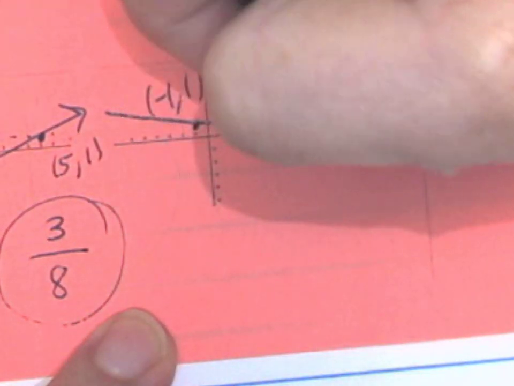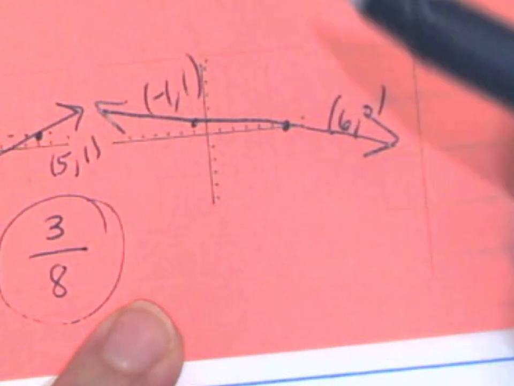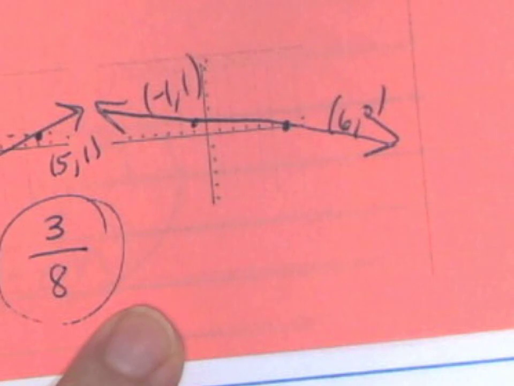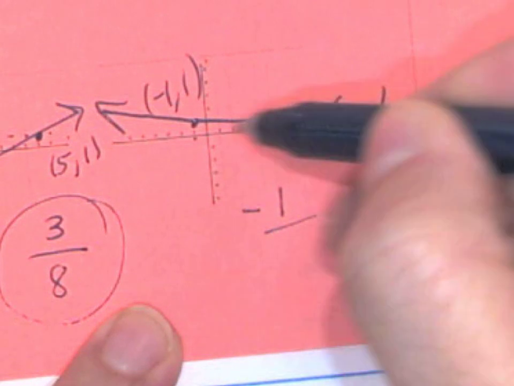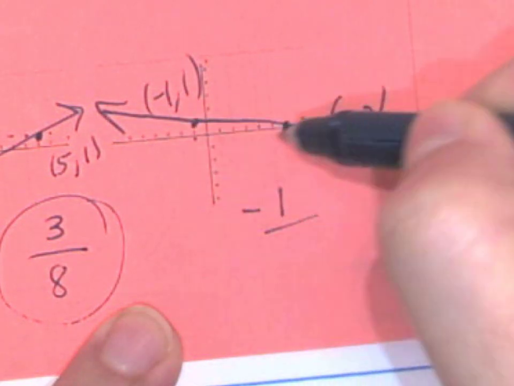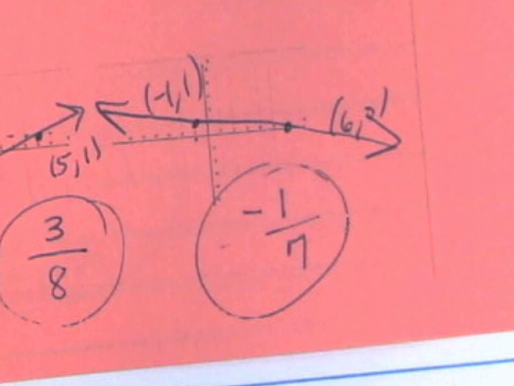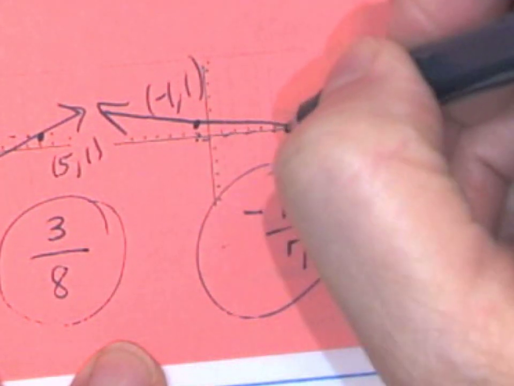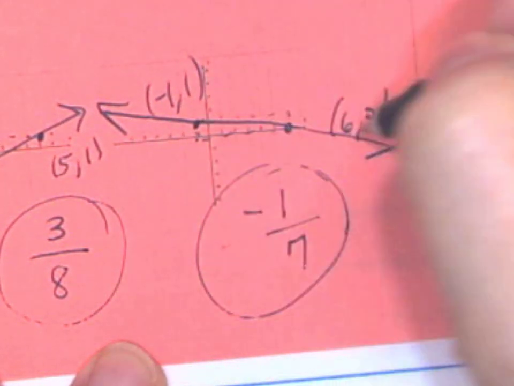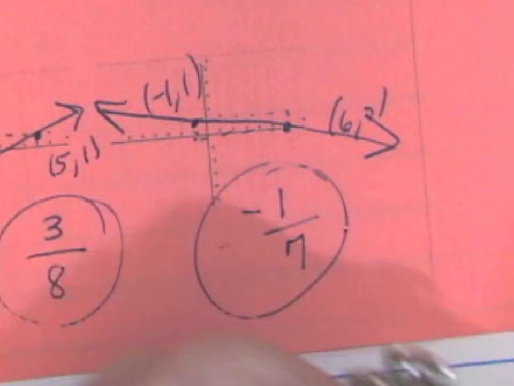This is going to have a negative slope because I'm going down 1 to get to this point, and I'm going to go over 7. So it's a negative 1 over 7, rise over run. Actually, this time it wasn't rise, it was fall, right? I could have gone to it this way, or I could have gone to it this way. Either way, it's a negative.